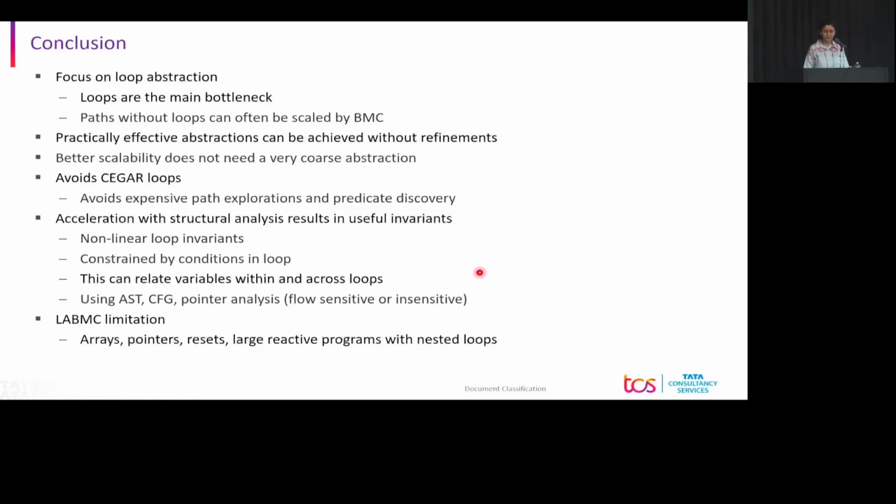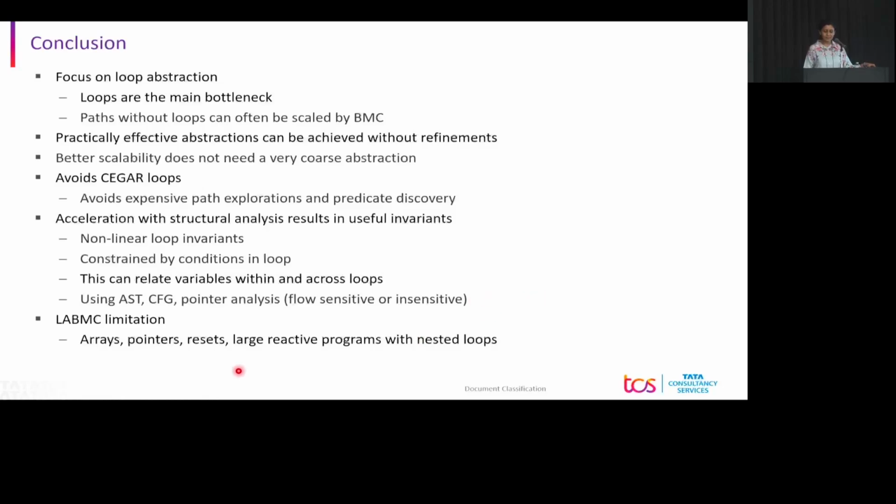And we saw how it can relate variables across loops, and therefore it works on programs with up to 30 loops as well. And we use very simple analysis. We use the AST and CFG, of course, to figure out these types of variables, whether they were recurrent, non-recurrent, and so on. And we used flow-sensitive or insensitive pointer analysis. So these are well-known techniques, and nothing niche for coming up with these closed forms.